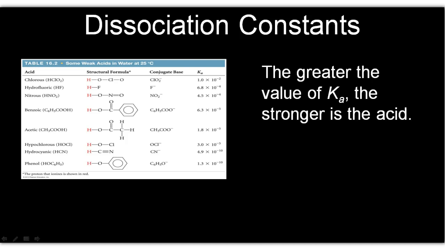Remember, strong acids go to completion, so it's a large value in the numerator, usually close to 1 or higher. But for these over here, look at how they're relatively low. That means I have more reactants than products. When I'm looking at these Ka values, they do dissociate, but it's not a whole lot.